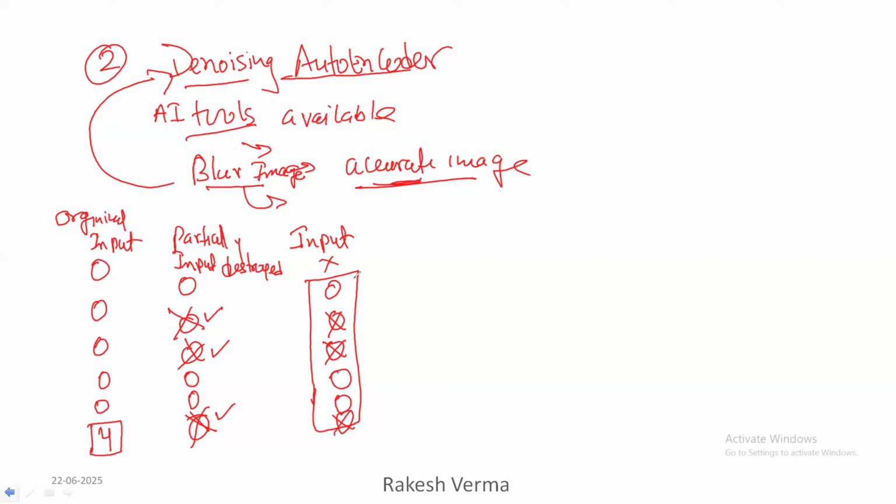Suppose we remove some of our data, then we have images like this. It is not a clear image.